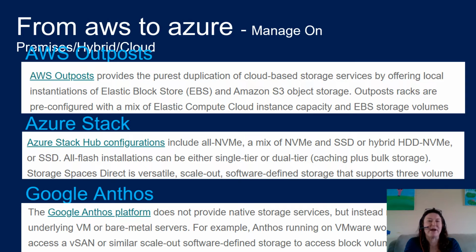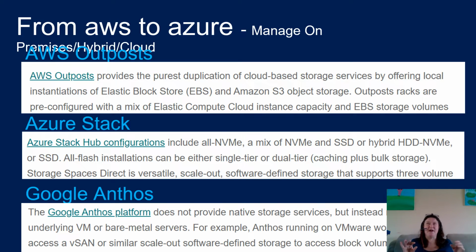Outpost racks can be pre-configured with EC2 instances and EBS storage volumes and things like that. They're managed by AWS, but they're actually on-site. So you get the benefit of cloud, but you have it on premise where you have more control over security and so on.